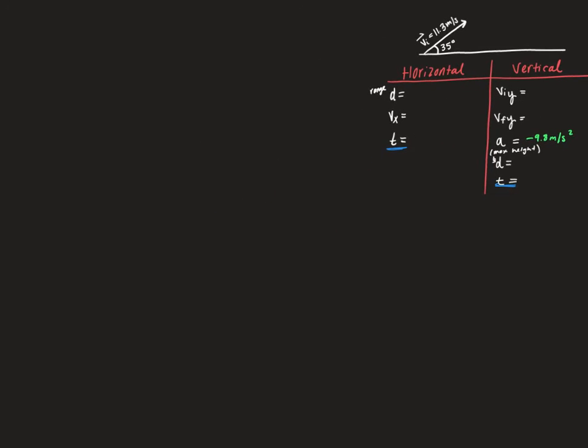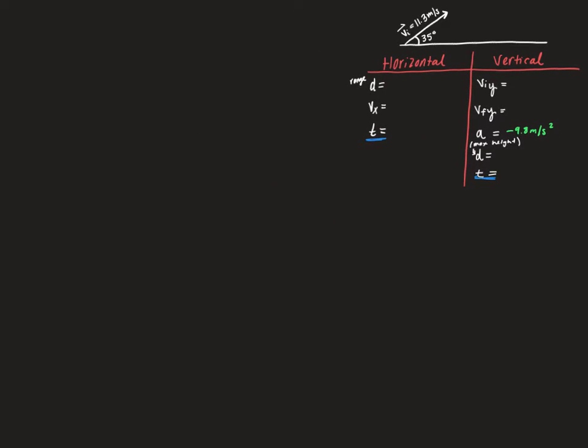I'm going to put it over there. So, remember that to find the horizontal component, it is your initial velocity times cosine theta. That's always going to be true. So we know that in this case, our horizontal velocity component is going to be 11.3 times cosine of 35.